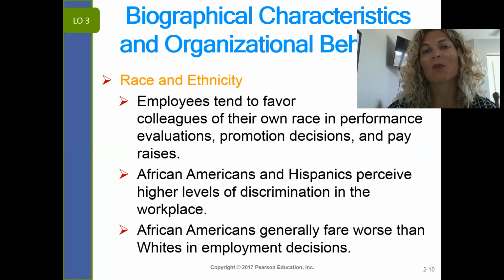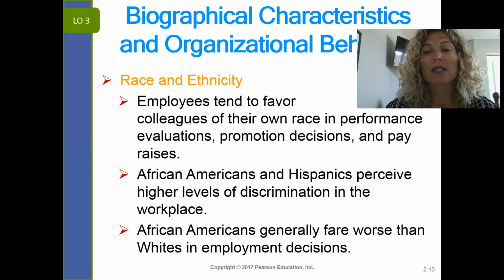And so I'm promoting those people who are like me. And so if we're not very diverse at that management level, again, we're not going to be increasing our diversity throughout the organization, right? And we're discriminating against people because of these protected classes.